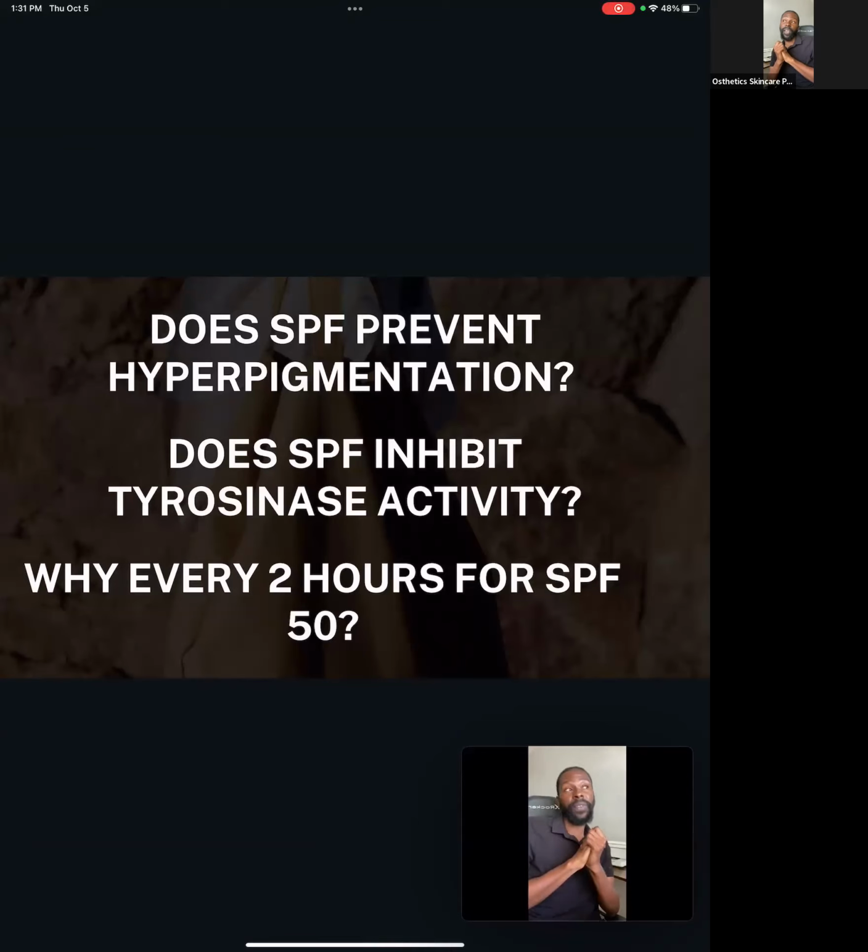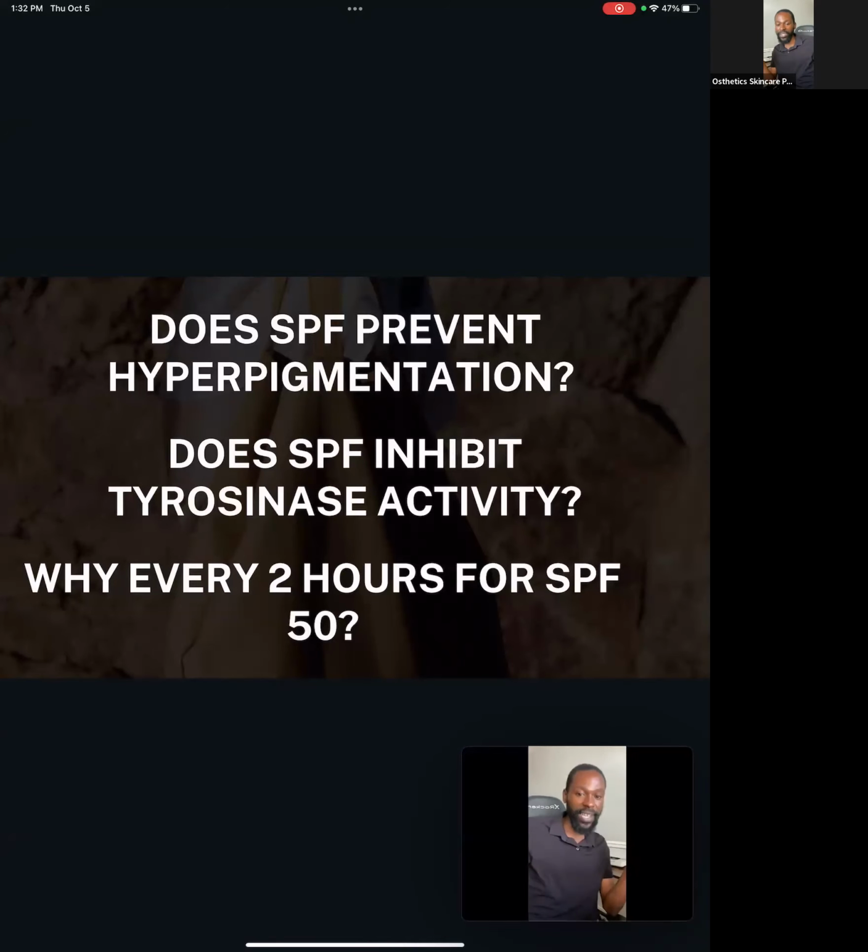So if I put on an SPF 50 and you're telling me to put it on every 2 hours, what's wrong with that? I can understand if I went to the beach, or went working out and sweated it out. But if I'm just having a normal day, why is it still on the directions? And why is every licensed professional saying wear it every 2 hours?